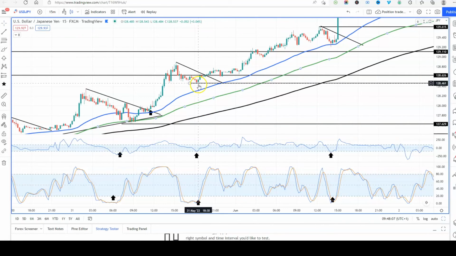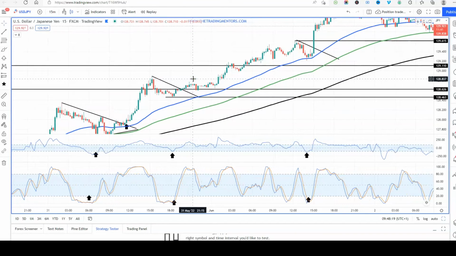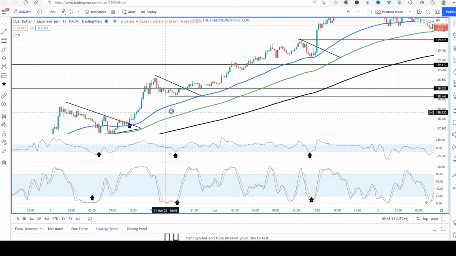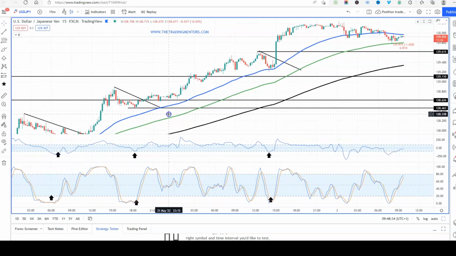The risk to reward, I mean, we're looking at a breakout here, 128.63, 127.80. So this 80-pip stop is just too much. So you can then start using the previous low as your stop. Now with a swing trade, you're going to start to use the blue line, which is the 50-day moving average, as your trailing stop.